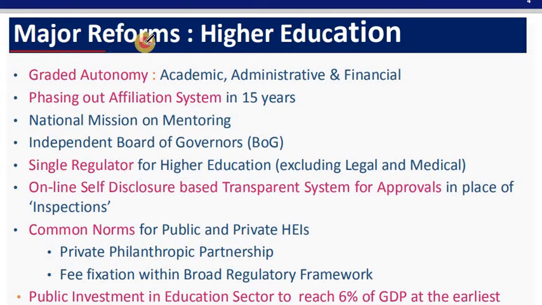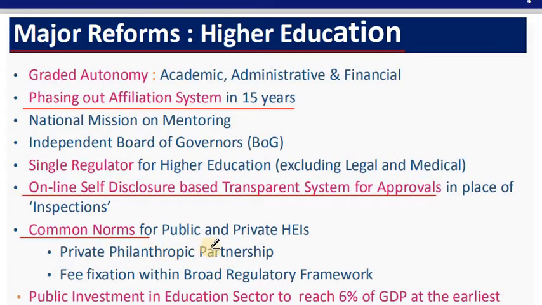Now the major reforms in higher education: graded autonomy, academic, administrative and financial, phasing out the affiliation system in 15 years, national mission on mentoring, independent board of governors, single regulator for higher education excluding legal and medical, online self-disclosure with a transparent system for approval in place of inspections.